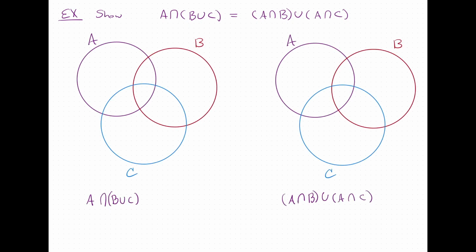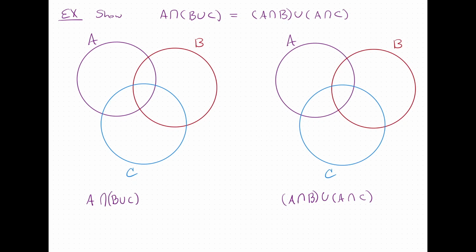So here we have our Venn diagrams. I've done 2. So on the left, we are going to investigate A intersect (B union C). And on the right, we are going to investigate (A intersect B) union (A intersect C), and see that both of these are equal by looking at the Venn diagrams. But again, this is not a rigorous proof, but we will show how to do that with what is known as an element chase argument.